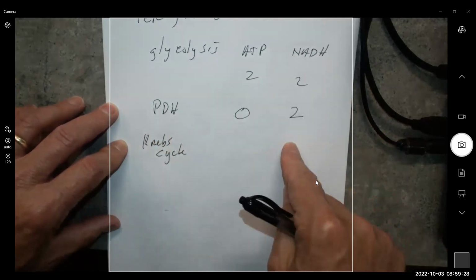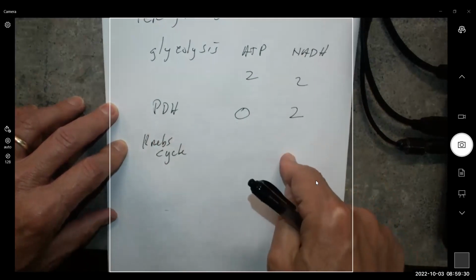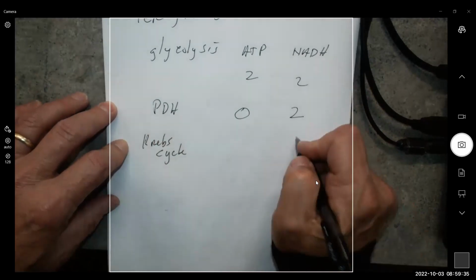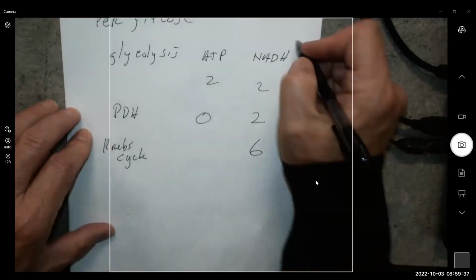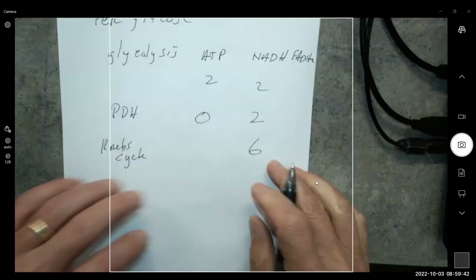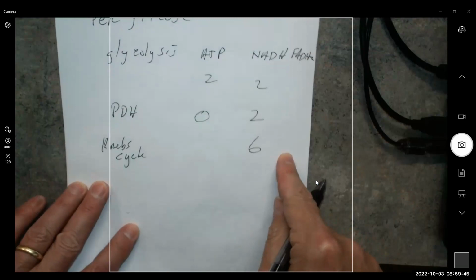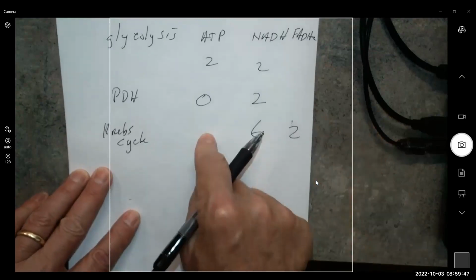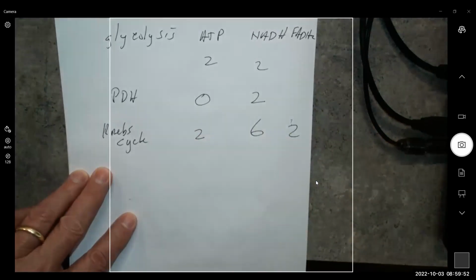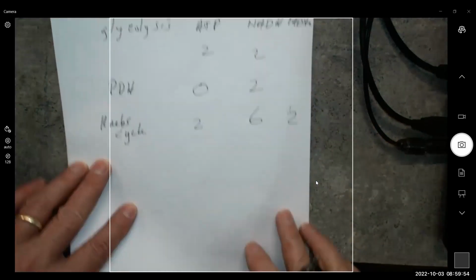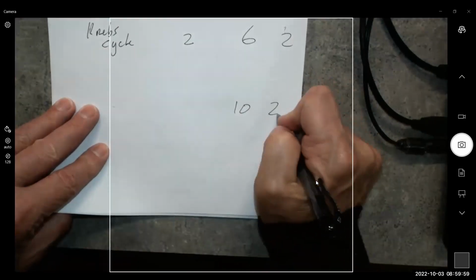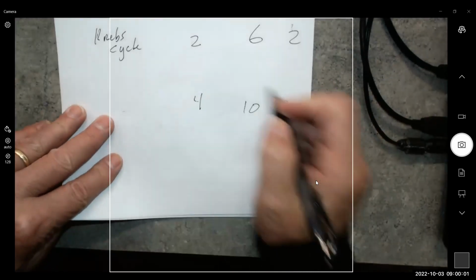How many of these do you make per glucose? 3 times 2. And we didn't include our flavins over here. How many of those do you make per glucose? 2. How many ATP do you make? 2. Make 1 per turn of the cycle. All right, so that's 10 NADHs, 2 FADH2s, 4 ATP net.